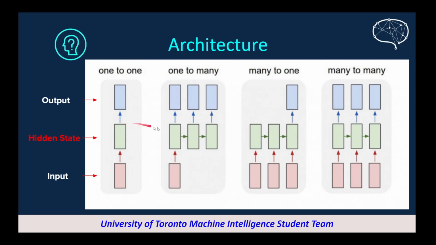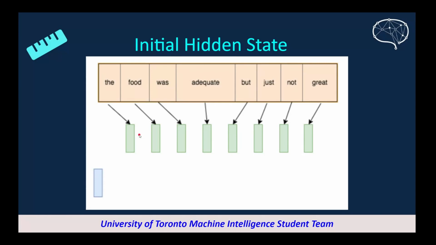So these hidden state structures are what we want to focus on next. To explain it using an example, we can once again have a sentence, a series of words, and we're using many-to-1 as the example.